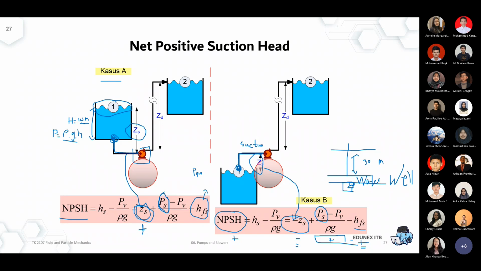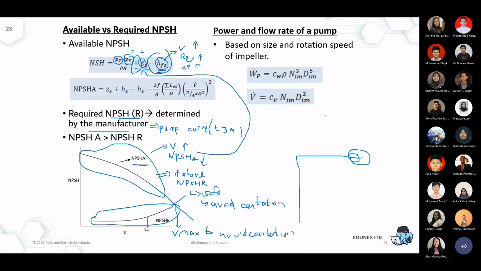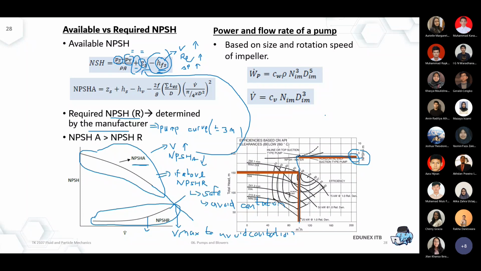Okay, so for this kind of case, it's not preferable from an NPSH perspective, but from an operational perspective, you put your pump at the ground level, right? At the ground level, because that's easy to control. It's easy to link to the electricity supply, and so on and so on. Okay. Any question about this?